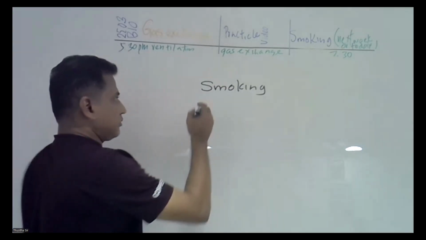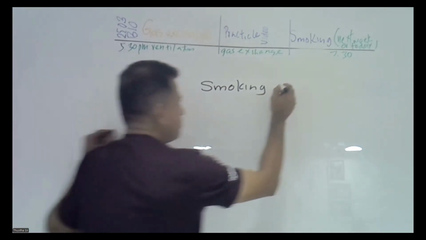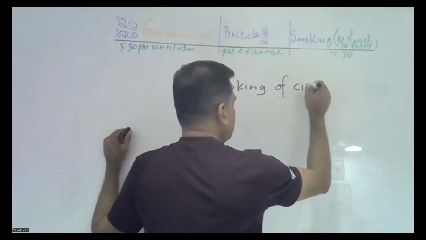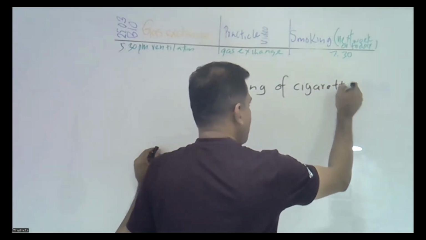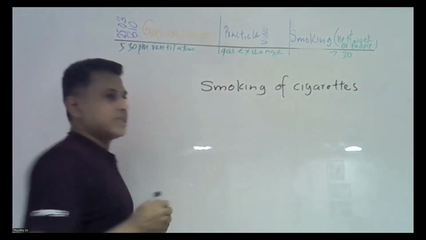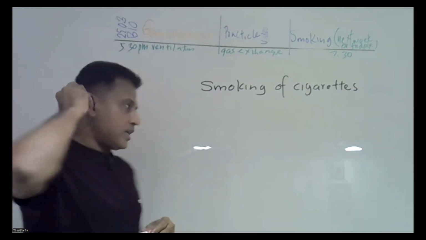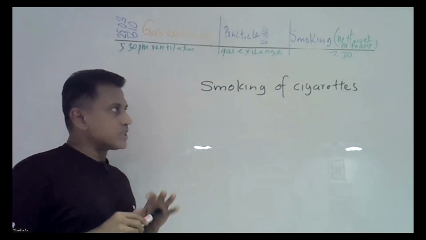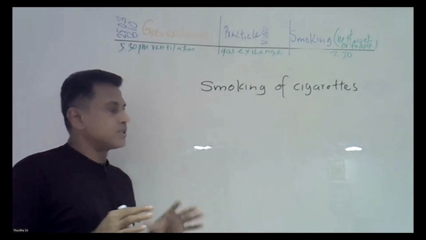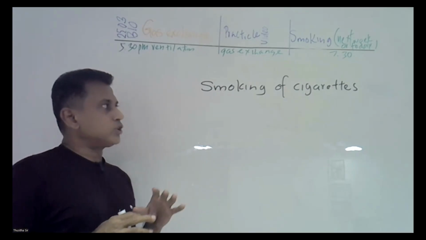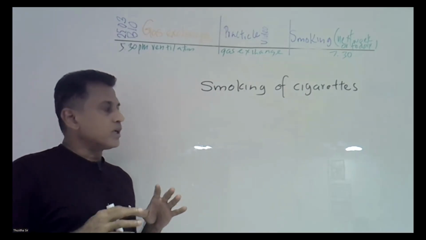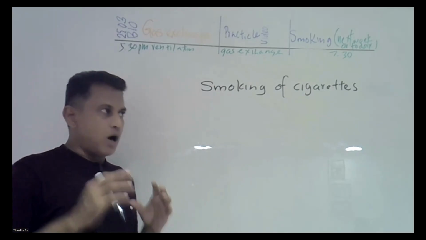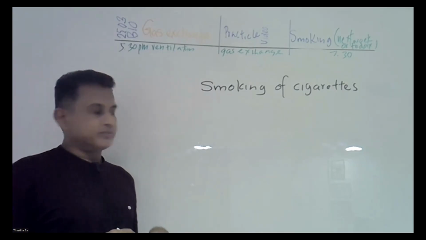Basically we call it smoking of cigarettes. Now, what is a cigarette? A cigarette is just the tobacco plant, tobacco leaves, dried powder of the tobacco leaf.